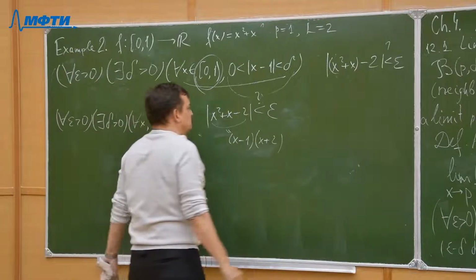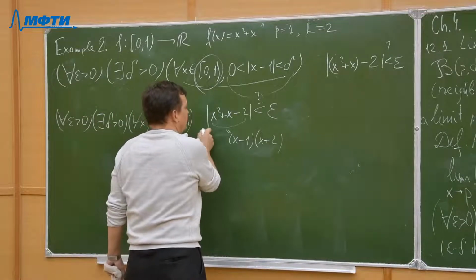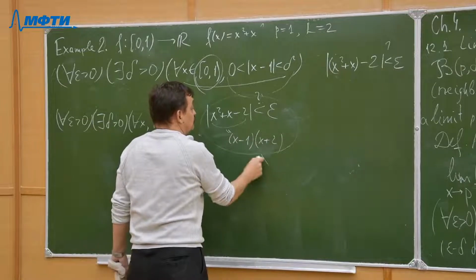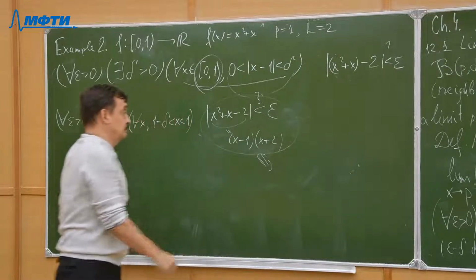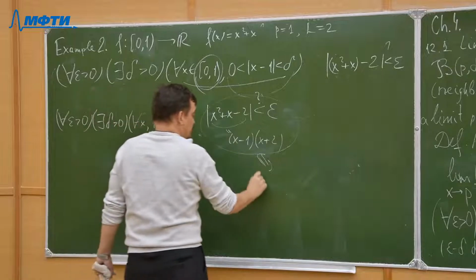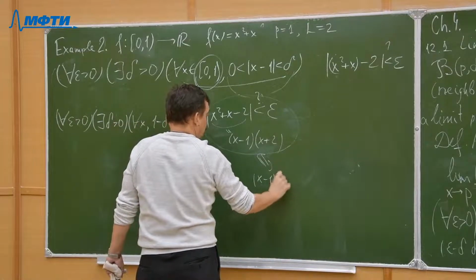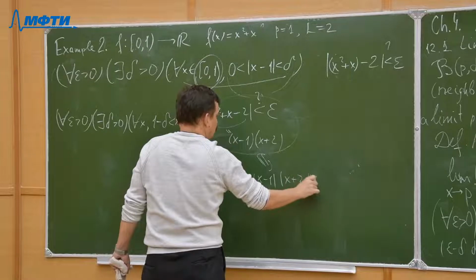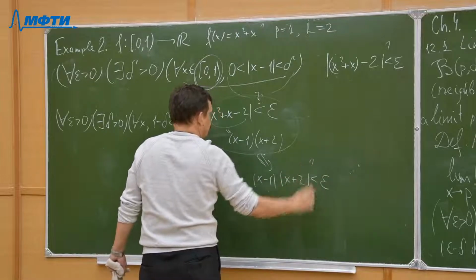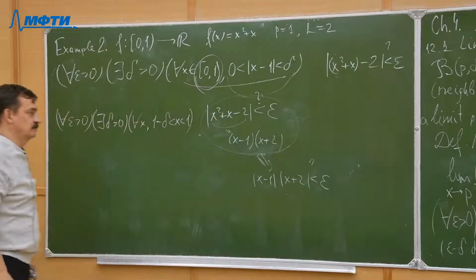So our last inequality, which we want to check, is equivalent to modulo of x minus 1 times x plus 2 less than epsilon. That is what we want to check.